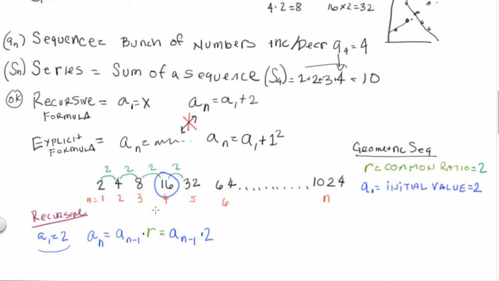Well, that number is number 4, so we write this a of 4, and the formula tells us that it's equal to a of n minus 1 times 2. That means it's going to be a of 3 times 2. Well, what is a of 3? Well, a of 3 is 8. 8 times 2 equals 16.